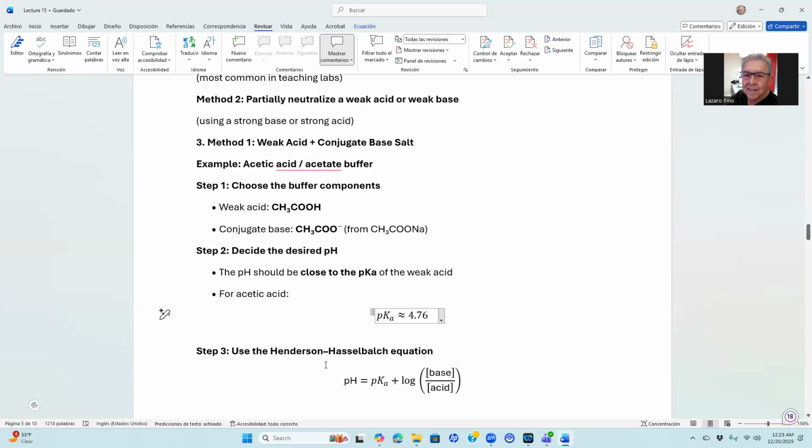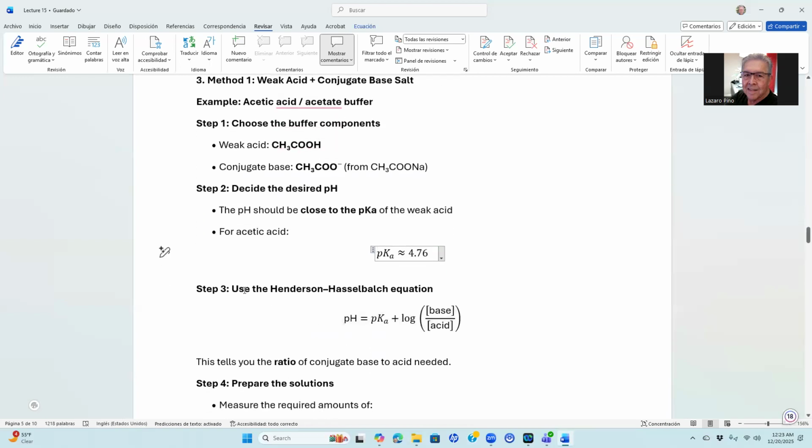So the pH, according to the Henderson-Hasselbalch equation, is the pKa plus the log of the concentration of the base divided by the concentration of the acid.